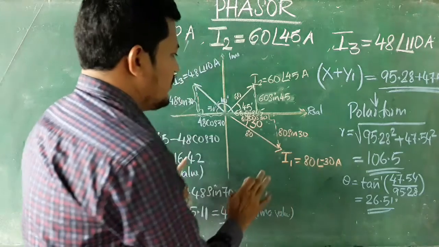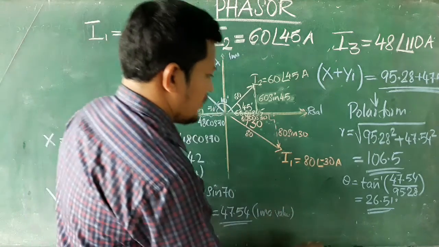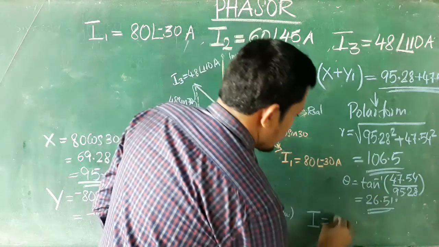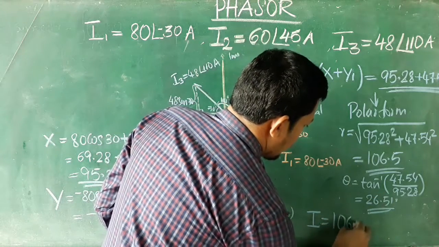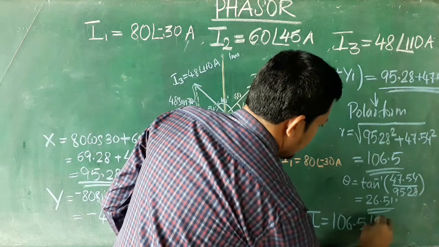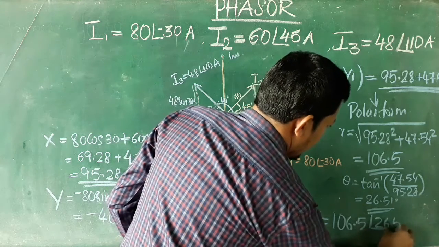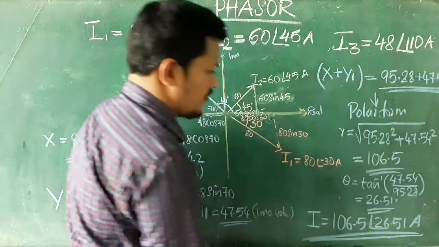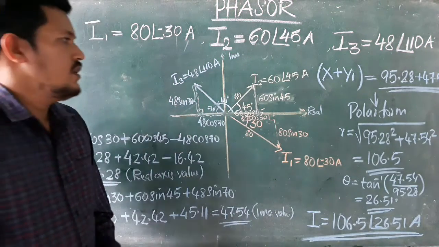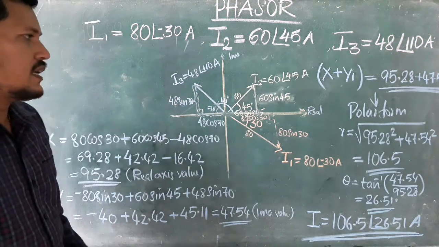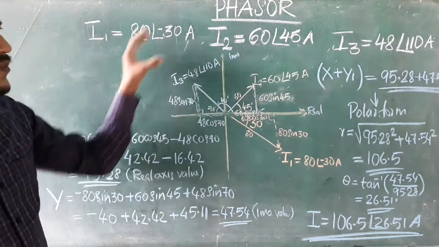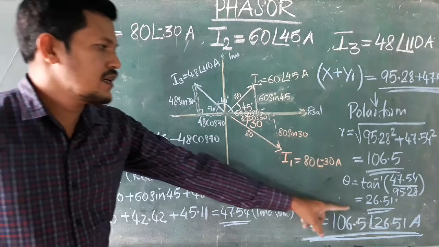So now what we did means the total current I equals 106.5 at an angle of 26.51 ampere. This is the answer. The same answer we got in the earlier case also, when converting first to rectangular format, next adding, next converting to polar form.